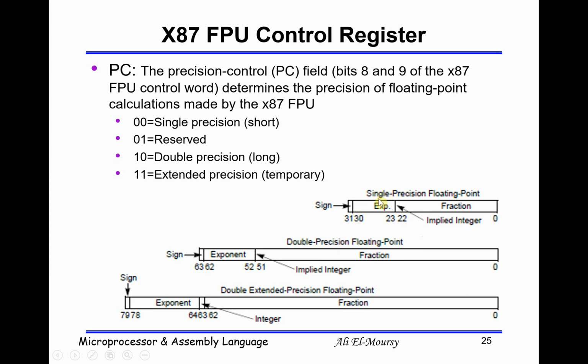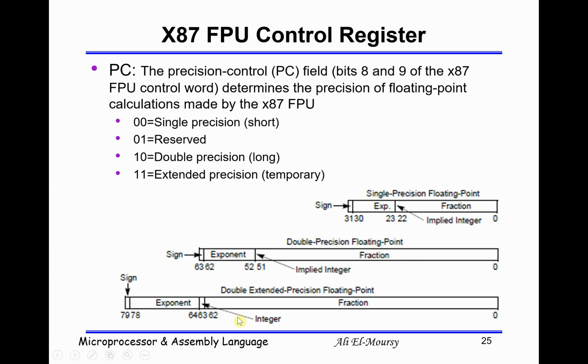The single precision, 32 bits, uses 23 bits for the fractional mantissa, which is normalized, 8 bits for the exponent, and 1 bit for the sign. For the double precision, the fraction uses 52 bits for the normalized fractional mantissa, the exponent uses 11 bits, and the sign is 1 bit.